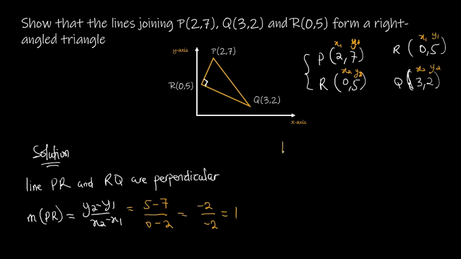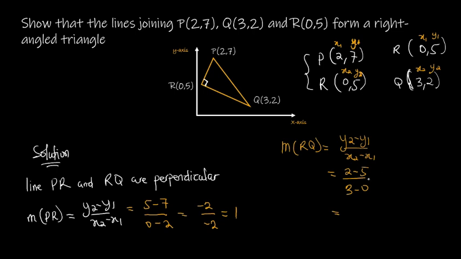Alright, so the gradient of the second line, which is R and Q, will also be equal to y2 minus y1 over x2 minus x1, and this is equal to my y2 here, which is 2, minus my y1 at the top, which is 5, over my x2, which is 3, minus my x1, which is 0.